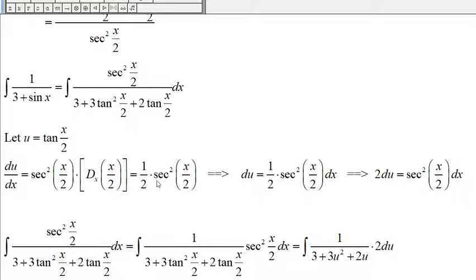So we get 1/2 secant squared of x over 2. And so now we get du is equal to 1/2 times secant squared of x over 2 times dx. Multiply both sides by 2, we get 2 du is equal to secant squared of x over 2 times dx.